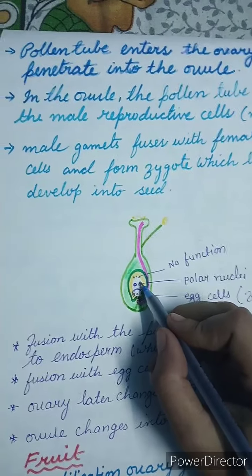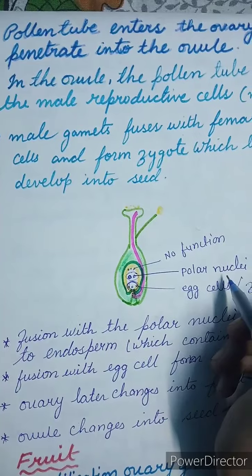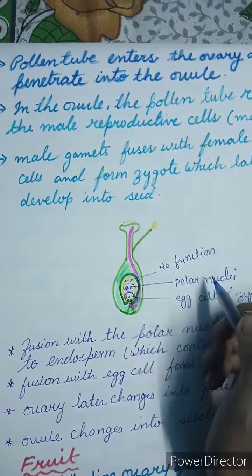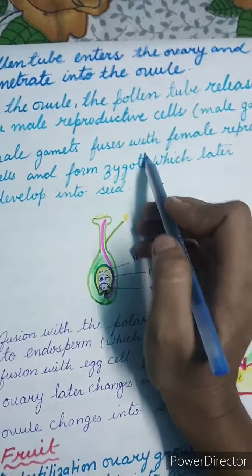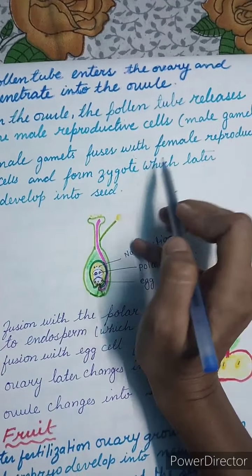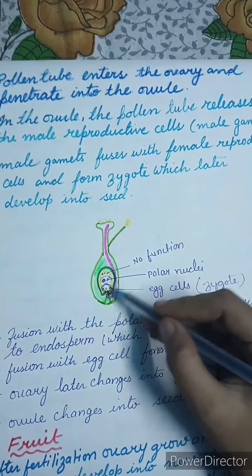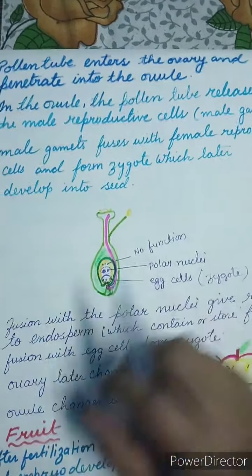And then another gamete fuses with the polar nuclei and forms the endosperm. So the male gamete fuses with the female reproductive cells and forms a zygote, which later forms into a seed.